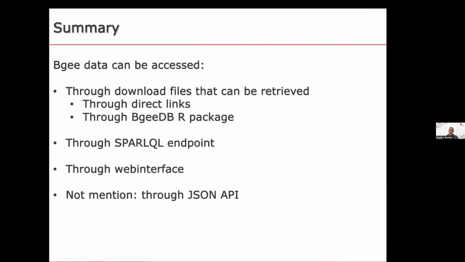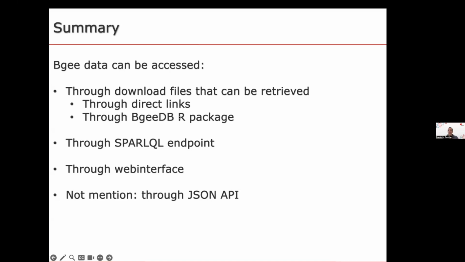So as a summary, we provide multiple ways of accessing our data. The simplest one is to go through our website. You get either the download file that I mentioned at the beginning or this more advanced interface where you can really specify the parameters you're interested in. You can also use these parameters through our R package, our BgeeDB R package.